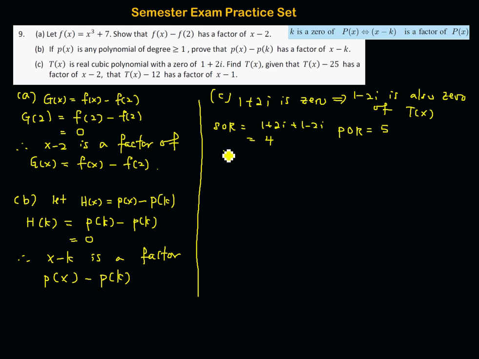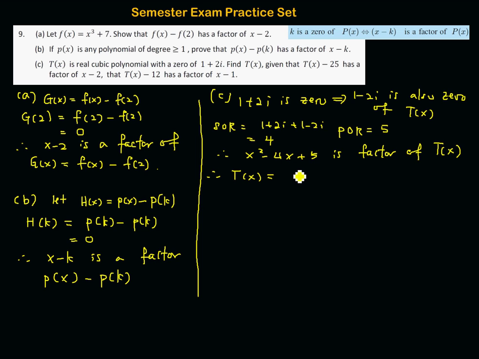So this quadratic expression is a factor of t(x). In other words, since t(x) is cubic and all the coefficients of t(x) are real, as mentioned here, t(x) can be written as follows.